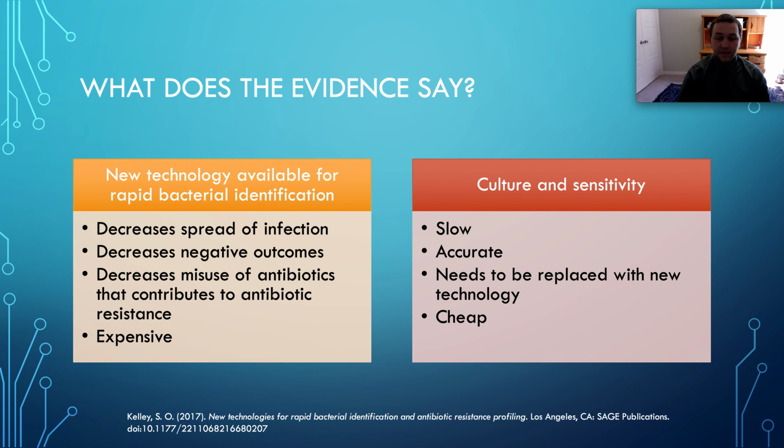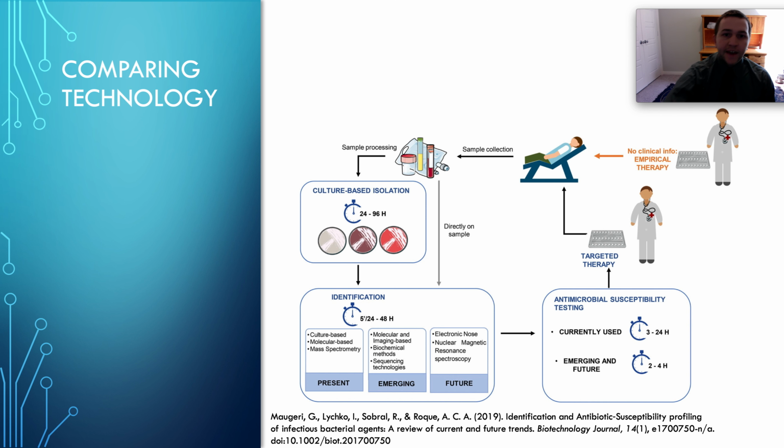There are definitely improvements. Another article showed us the different present, emerging, and future technologies that are available. So we have the sample collecting here, as you can see with the patient. Traditionally, cultures can take anywhere from 24 to 96 hours.